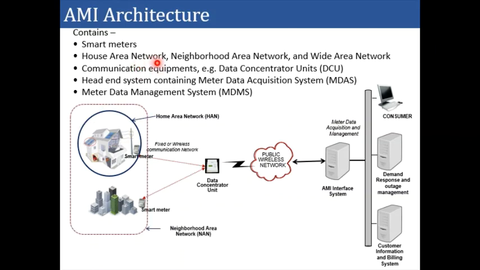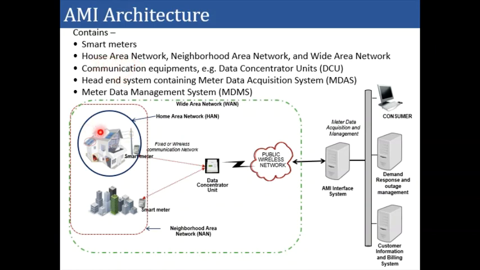Then you have neighborhood area network and the wide area network. So house area network is confined to a particular house. Neighborhood area network contains the neighboring houses or maybe the neighboring commercial establishments, and the wide area network is the area where the data travels over a long distance.